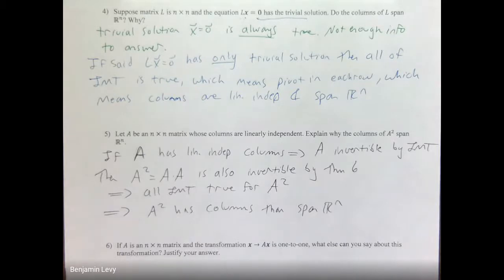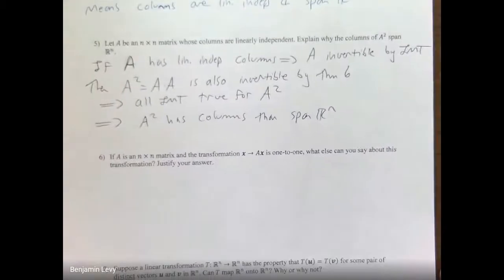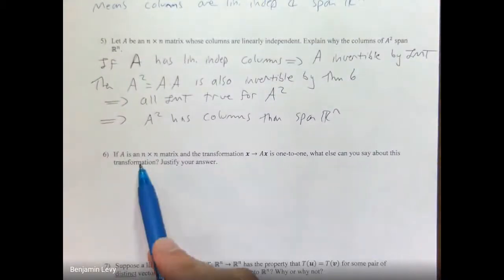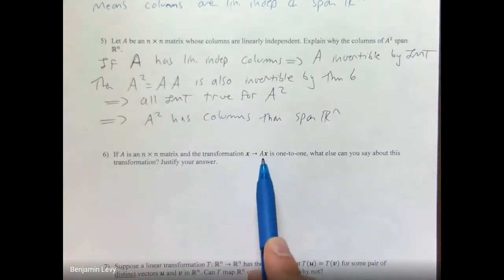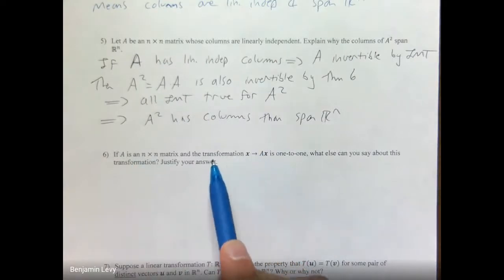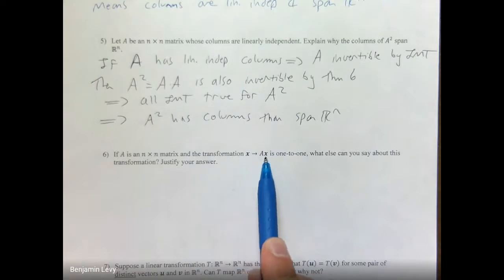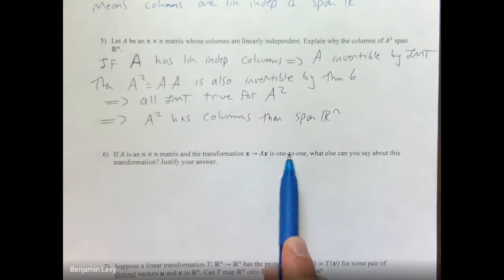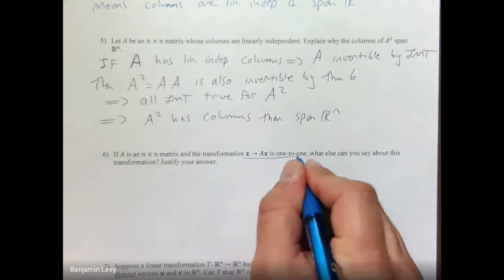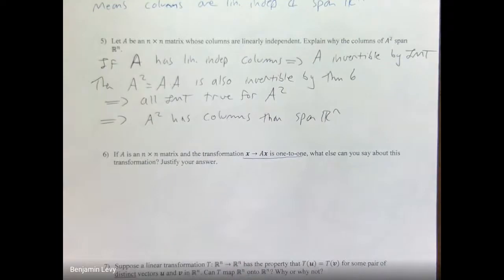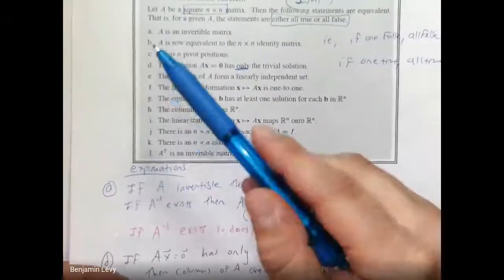All right, number 6. Number 6 says, if we have a square matrix A, and the transformation that sends X to AX, that's how you read this, it's a transformation that sends X to AX, and we're being told it's 1-to-1. So here's the key thing here. The 1-to-1 transformation. What else can we say about the transformation? Well, lots of things. Because if it's 1-to-1, well, that's part F right here, right?